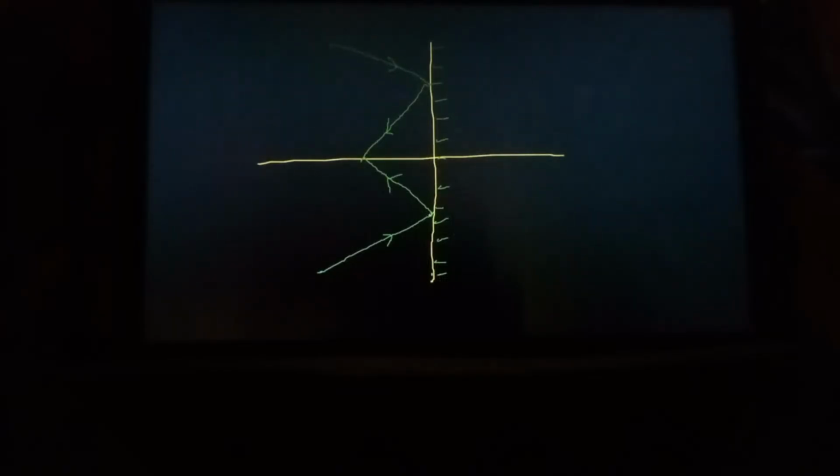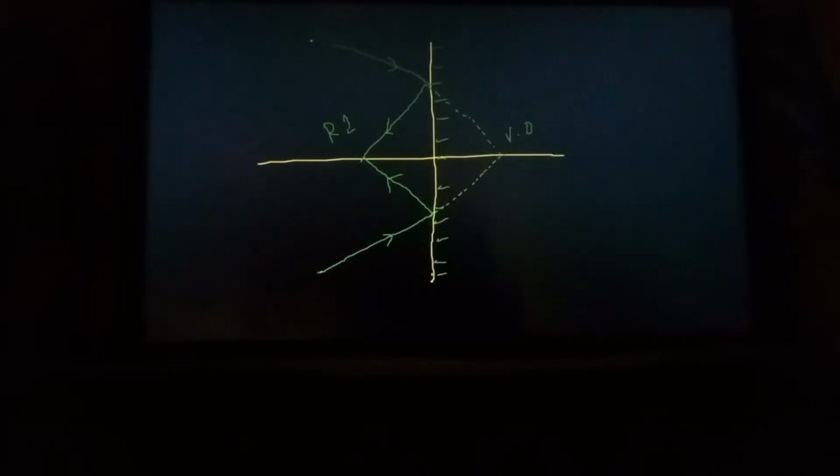If you extend these reflected light rays, they meet at one point. Here you have to understand very clearly, this is the real image, and this is the virtual object.